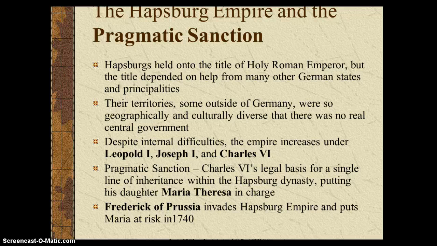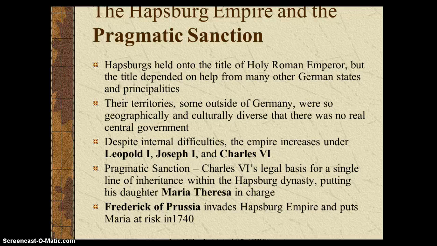Despite internal difficulties, the empire increases under Leopold I, Joseph I, and Charles VI. So these are important monarchs to pay attention to. The Pragmatic Sanction was Charles' legal basis for a single line of inheritance within the Habsburg dynasty, putting his daughter Maria Theresa in charge.